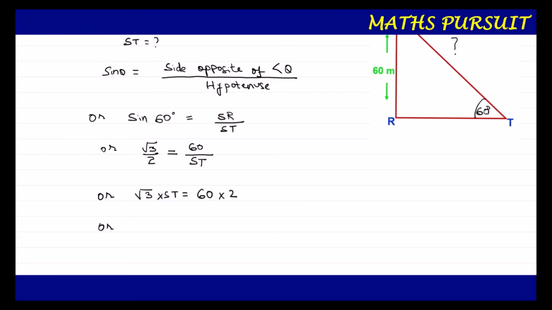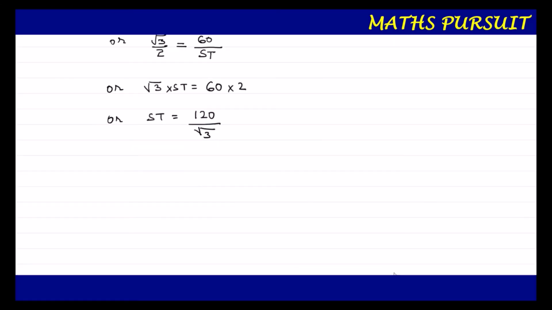Or I can write here ST is equal to 60 into 2, which is 120, upon root 3, just moving root 3 from the left side to the right side. Now we could see that we got root 3 in the denominator. Our main objective now would be to remove this root 3. So let's see how we can remove this root 3.